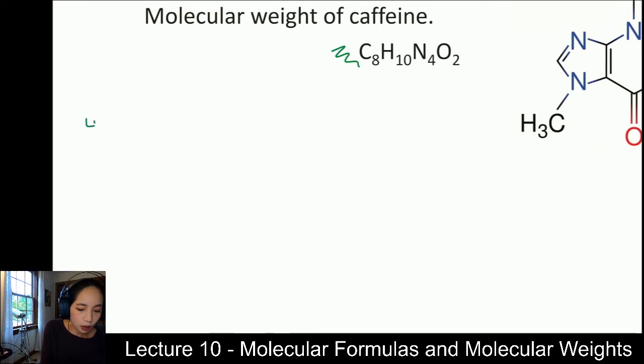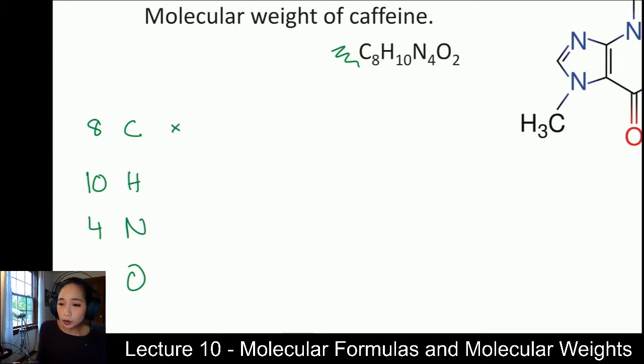So there are 8 carbons, 10 hydrogens, 4 nitrogens, and 2 oxygens. Since there are 8 carbons, I'm going to multiply 8 by the molar mass, the atomic weight of 1 carbon. Off the periodic table, that's 12.01 AMU.